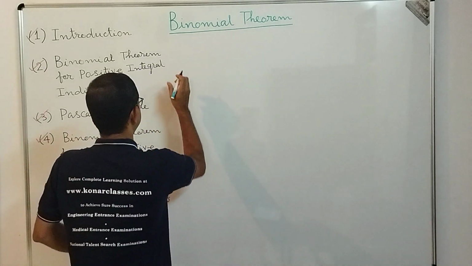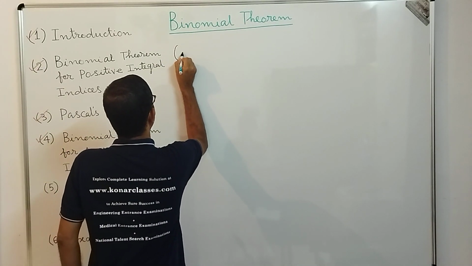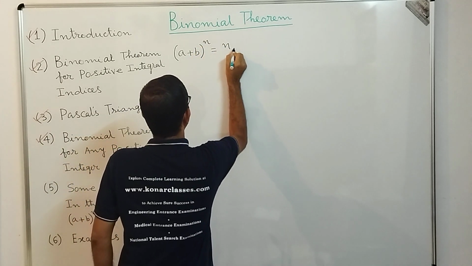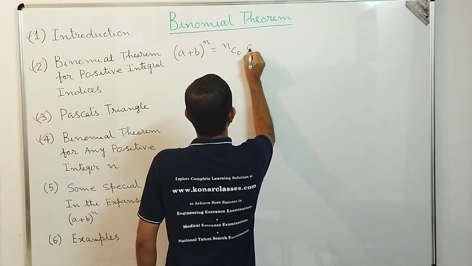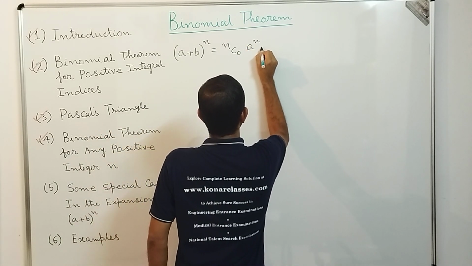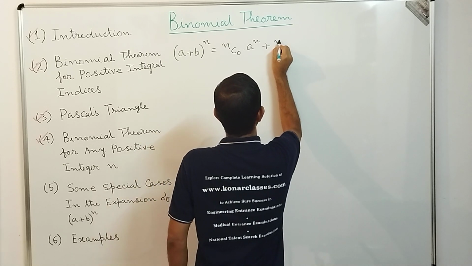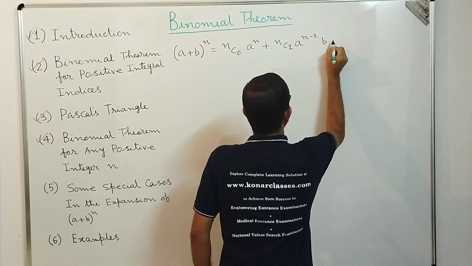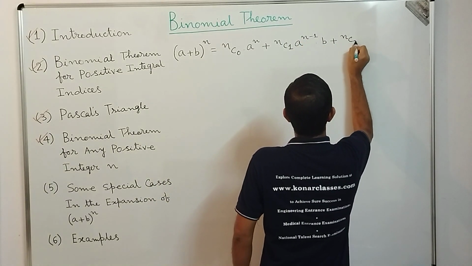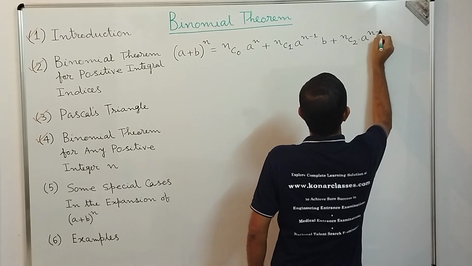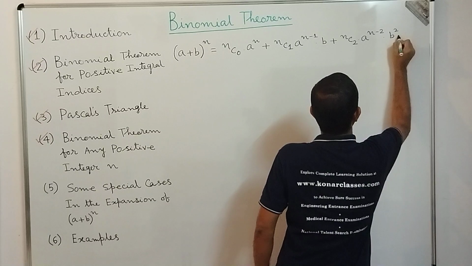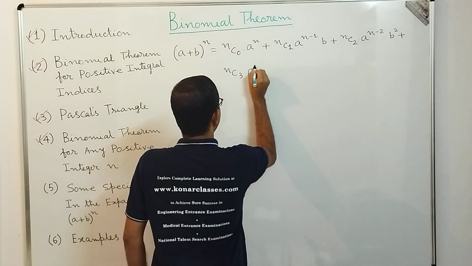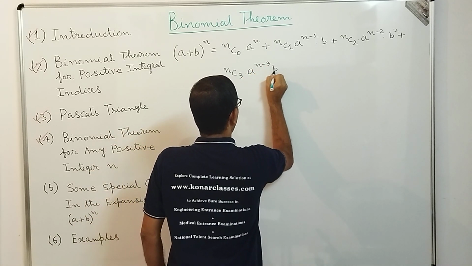If you recall, the formula for (a + b)^n is equal to nC0 a^n b^0, so I am not writing it, plus nC1 a^(n-1) b plus nC2 a^(n-2) b^2 plus nC3 a^(n-3) b^3.